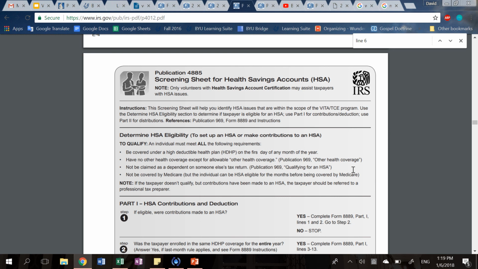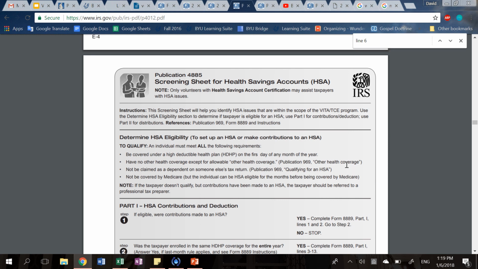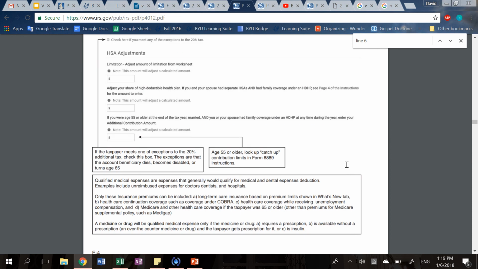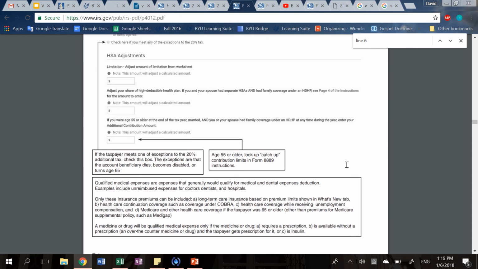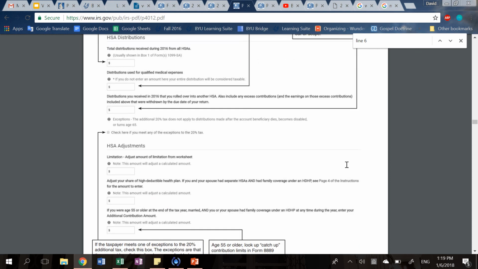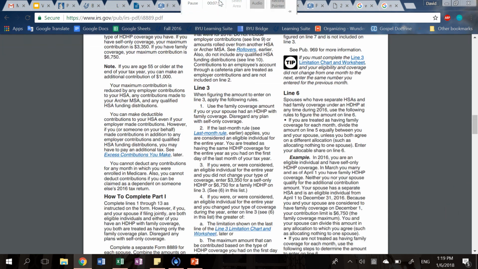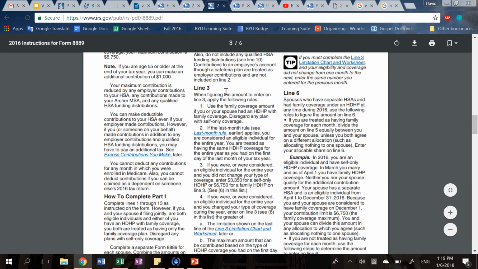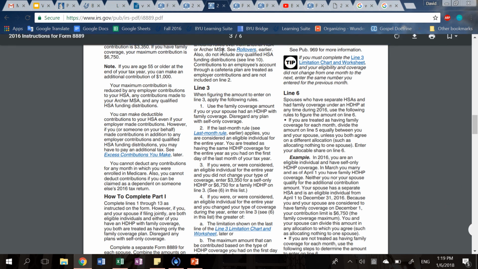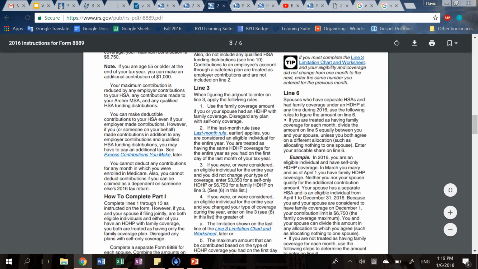There's also another rule which is called the last-month rule. Let me try to find it here. Right here, I'm on the Form 8889 instructions for line 3.